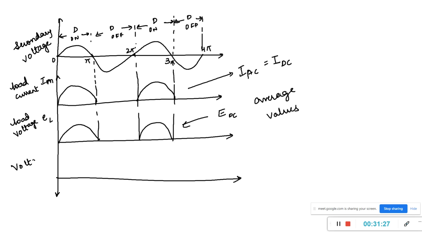Voltage across diode. During the reverse direction, the reverse voltage, we call it the peak inverse voltage, PIV.